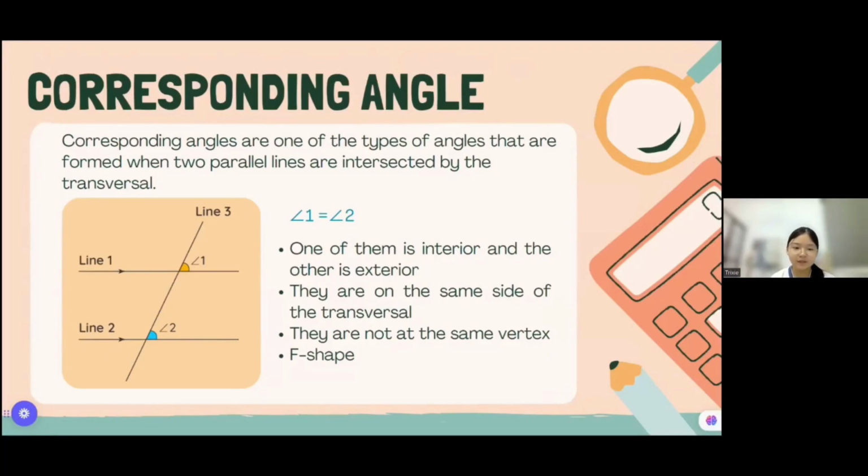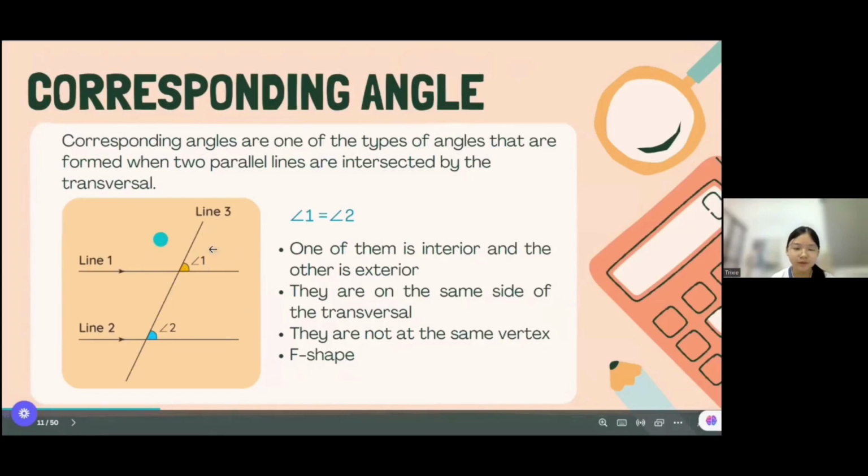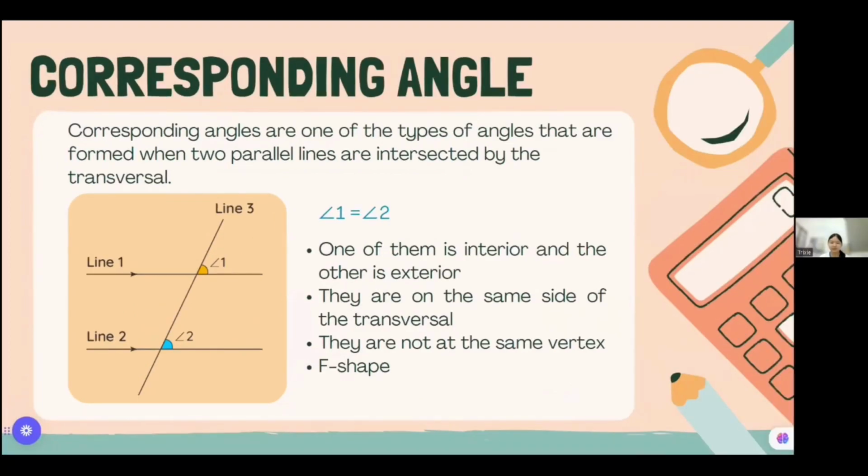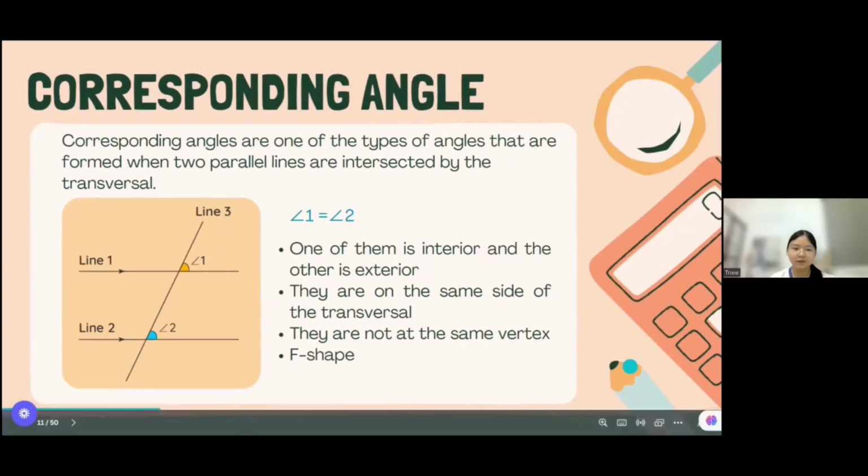As the picture shows, angle 1 equals angle 2. For corresponding angles, one of them is interior and the other is exterior. They are on the same side of the transversal but not at the same vertex. To find the corresponding angle, you can look for the F shape.